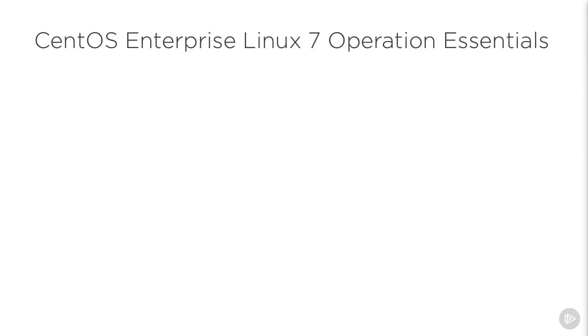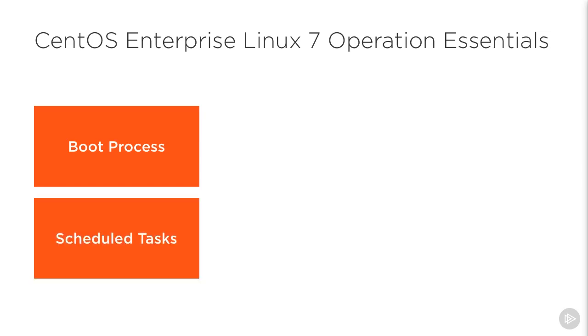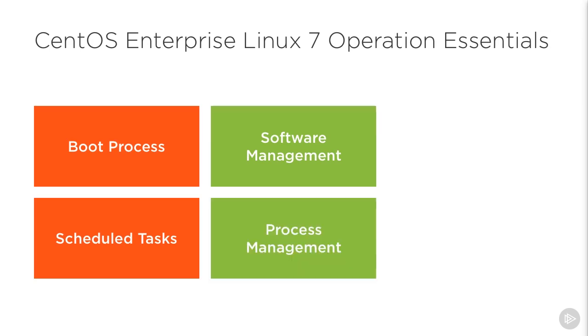Now for this particular course, as we run through, we're going to be taking a look at the boot process of the bootloaders, what happens during our boot time, looking at how we can schedule tasks, so things like cron, anacron, at. We'll be looking at software management, so looking at how we can use Yum, our software installer, or RPMs.